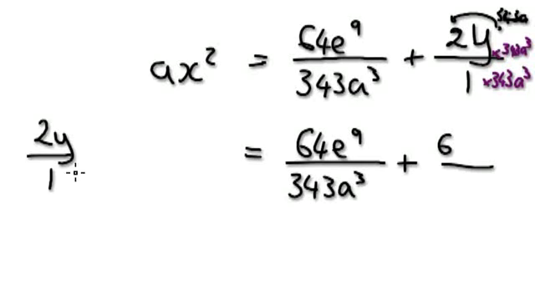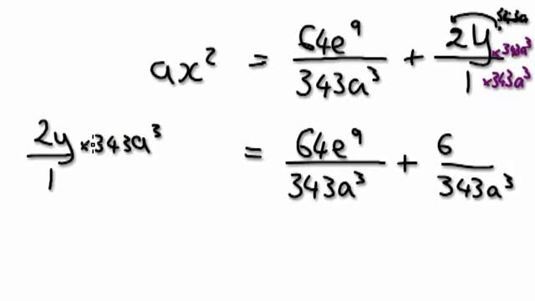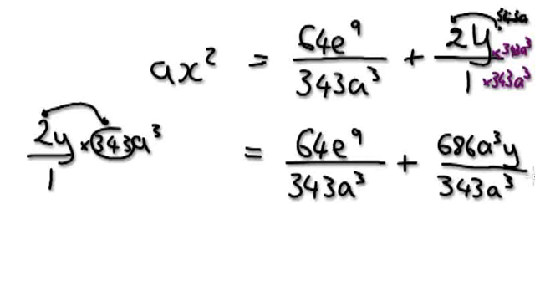So it's 2y over 1 times 343a to the power of 3. At the bottom it's going to be this, a to the power of 3. At the top, number times the number here, so it will be 2 times this number here. So that would be 686, and then a to the power of 3 y.